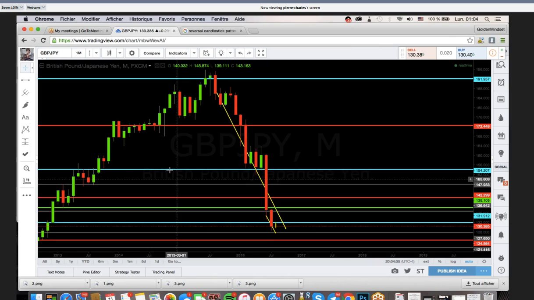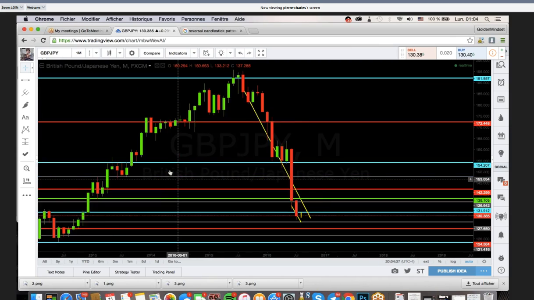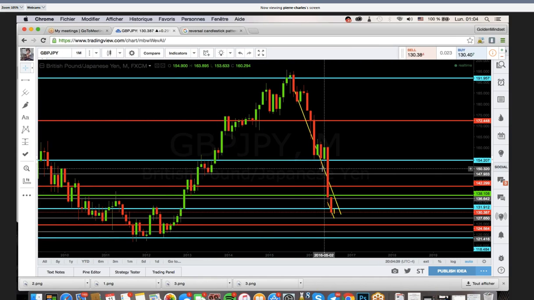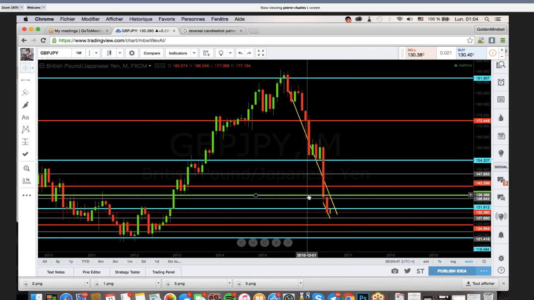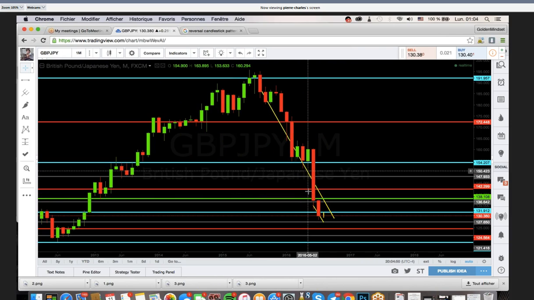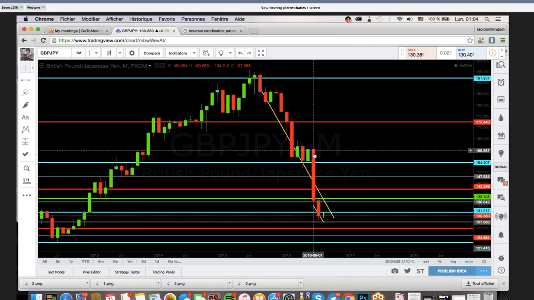Because if you look at this, what did I say? I said normally a bearish pattern has 3 red candles or 3 blue candles normally. If we look at the monthly chart, we can see that there's actually 1 huge bearish candle.